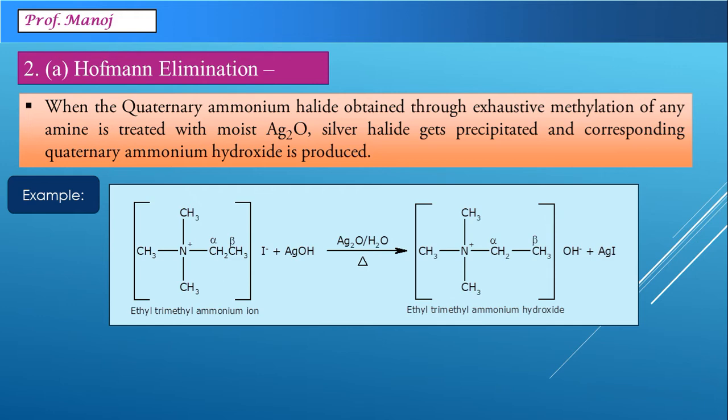Now, as you know, moist silver oxide gives you AgOH. So the reaction is simply replacement of iodine with OH. So what we now generate is quaternary ammonium hydroxide. If you observe, the reaction has only taken place with iodide.